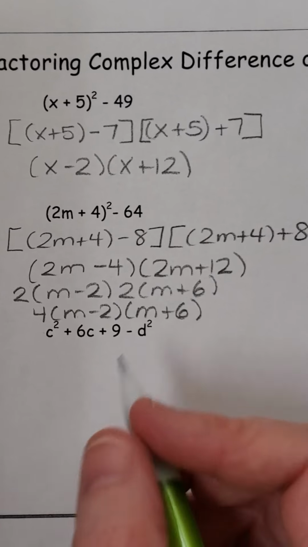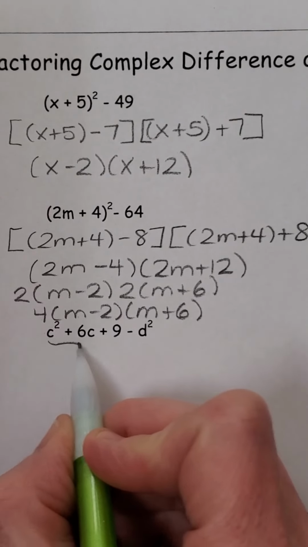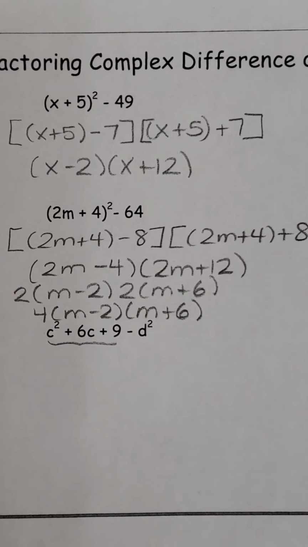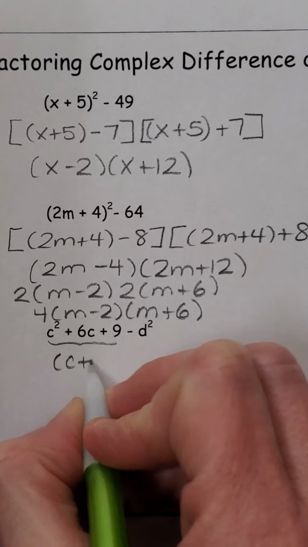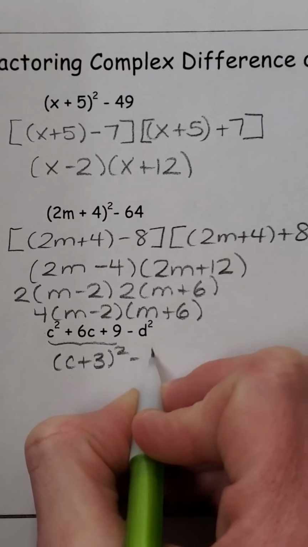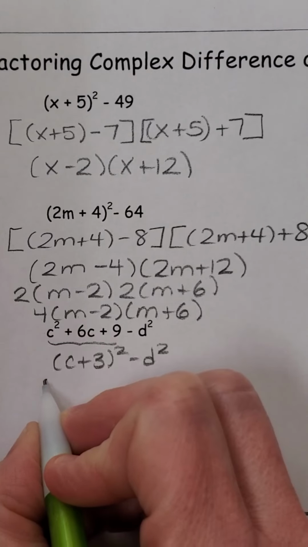Now this one, what we have to do then is turn it into a difference of squares. So this here, and this is from Foundations in Precalculus 10, is a perfect trinomial square. So c plus 3 squared, and then we're going to do the exact same thing.